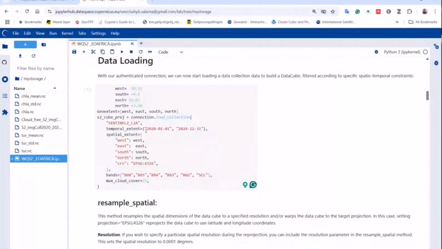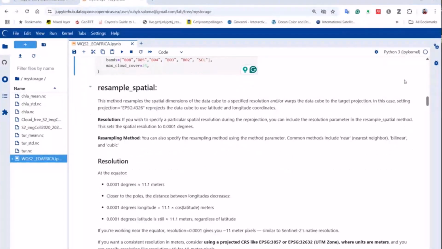Of course, you can define a time series, for instance, this example of 5 years of observation from Sentinel-2. And if you look carefully at these latitude and longitude, they are basically around Mombasa in Kenya.